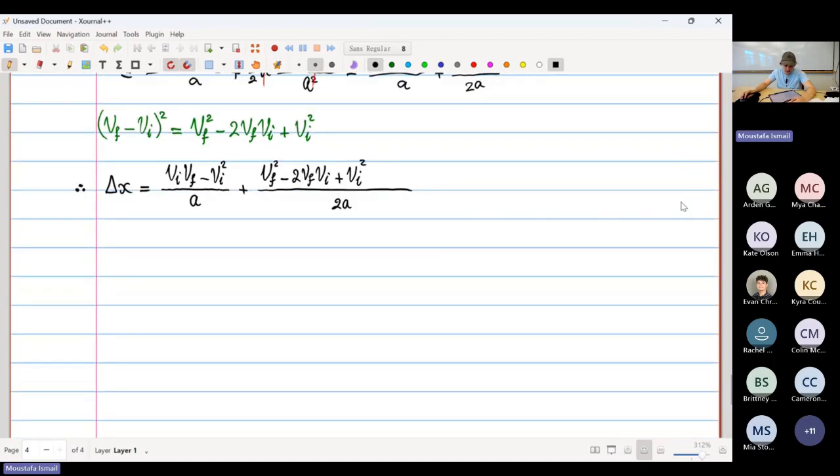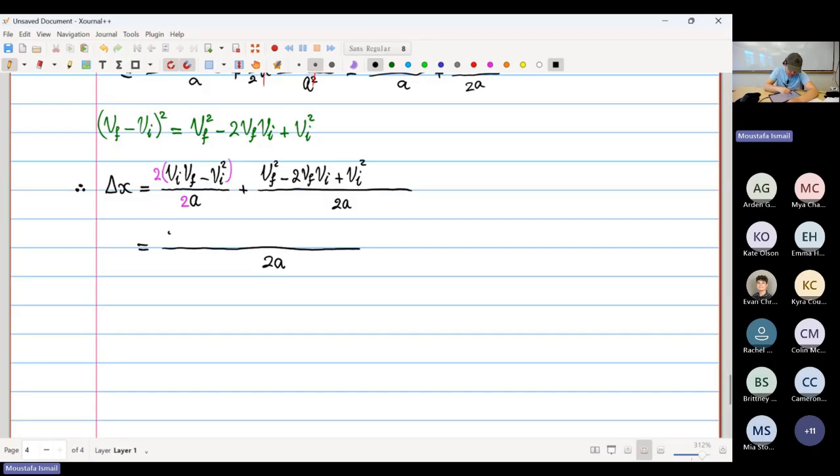The next thing I want to do is to have the same denominator, so I will multiply up and down by 2 in the first term. So I will add a 2 here and a 2 there, which is equivalent to multiplying by 1, so nothing happens. And then I have the same denominator.